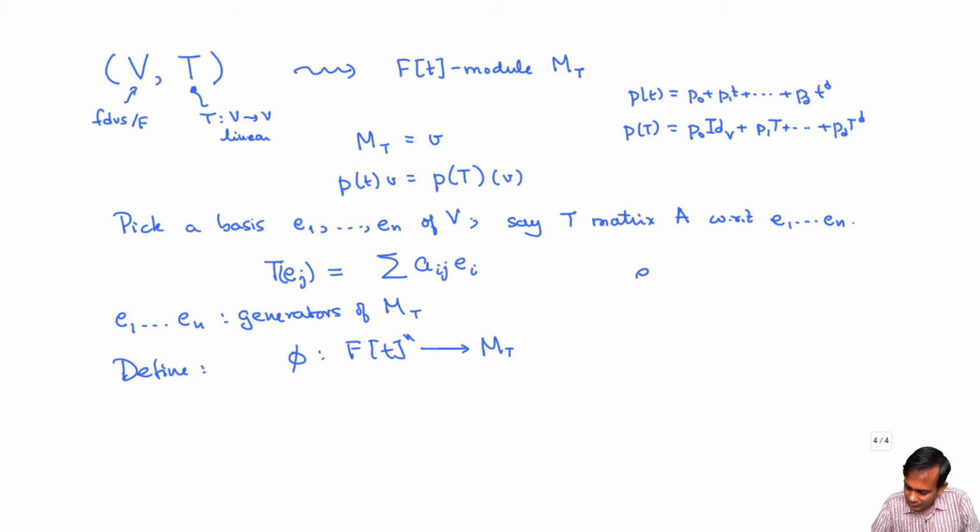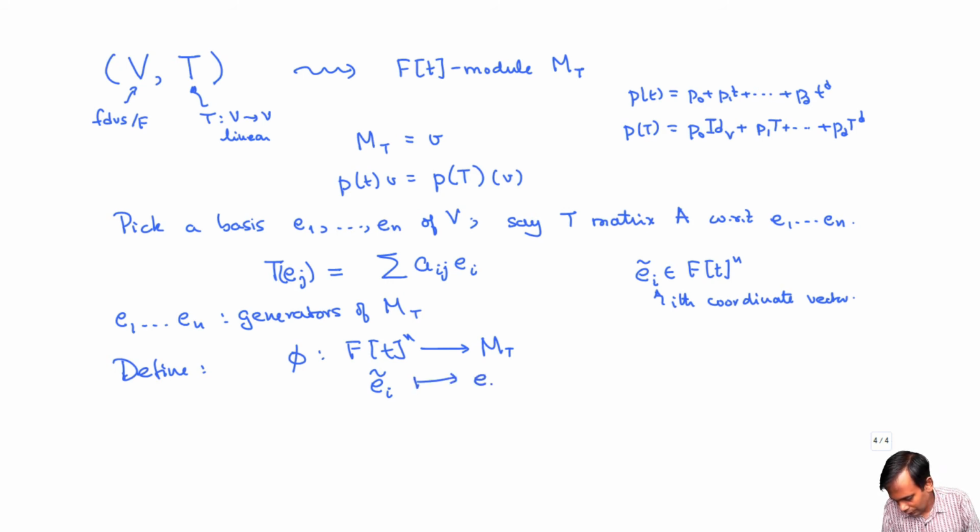So let's say e_i tilde in F[t] to the n is the ith coordinate vector. So it's the constant polynomial 1 in the ith place and zeros everywhere else. So phi will take e_i tilde to the ith generator of M, which is just e_i. So the question is, what is the kernel of phi?